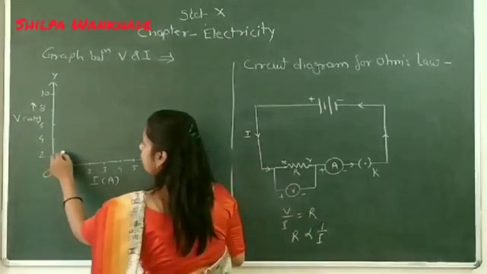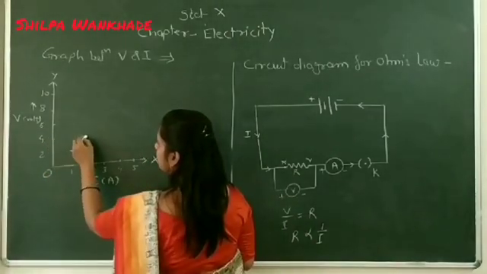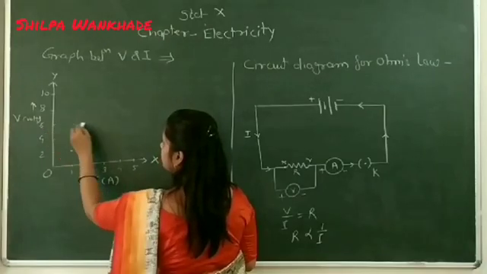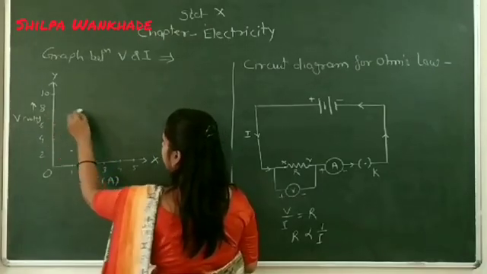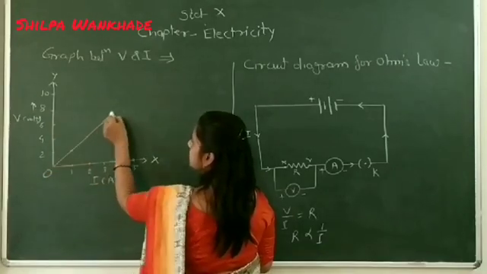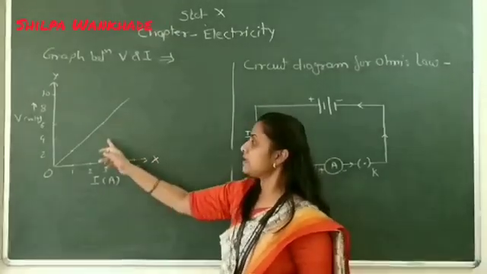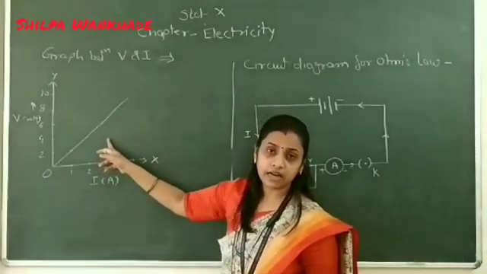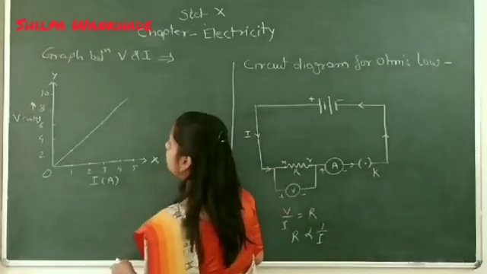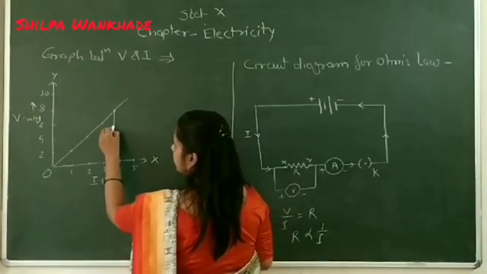So for 2 volt there is 1 ampere, for 4 volt 2 ampere, for 6 volt 3 ampere, 8 volt 4 ampere, and therefore this is the graph drawn between V and I, and that is called a linear graph.